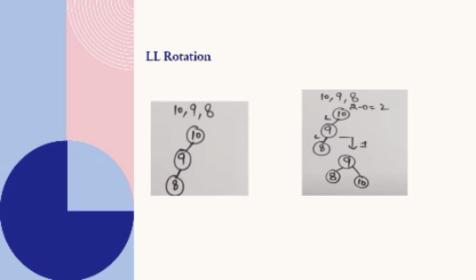In order to convert this non-AVL tree to an AVL tree, we need to make one clockwise rotation so that the final obtained tree will be 9, 8 and 10. If we observe the balance factor of this root node 9, it is 1 minus 1, which is equal to 0, and the same with the leaf nodes. Hence the principle of the AVL tree is satisfied.